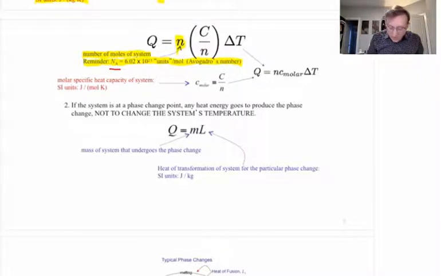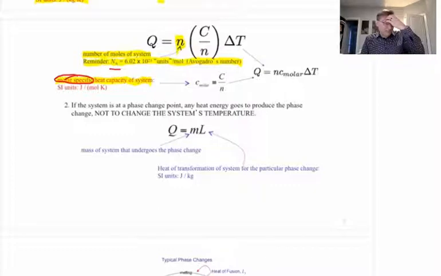And that's going to be called, okay, watch out, the molar specific heat capacity. So now there are two very important adjectives out front. Molar and specific. Molar specific heat capacity of a system. I like to denote it as little c subscript molar. And it's the heat capacity, capital C, divided by the number of moles.